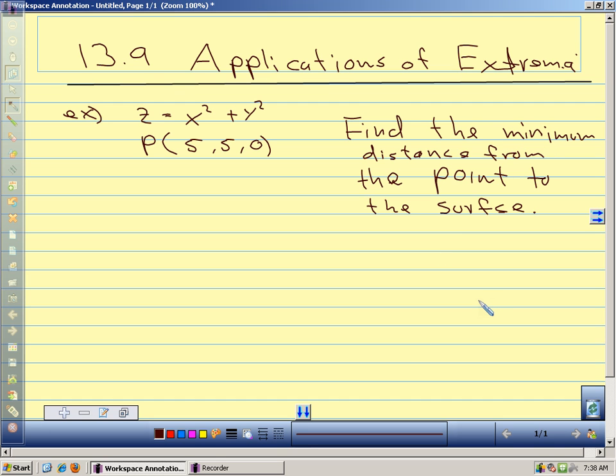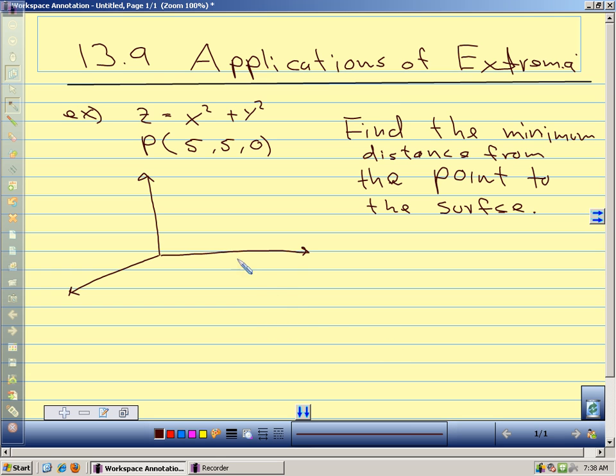So we want to find the minimum distance from this point to the surface. First off, let's do a quick sketch. What kind of surface is this? Cone? With straight edges. Parabolic. Right, cones have flat sides.